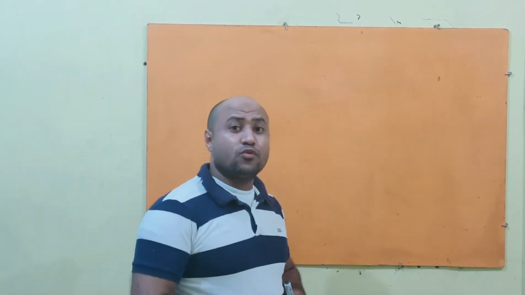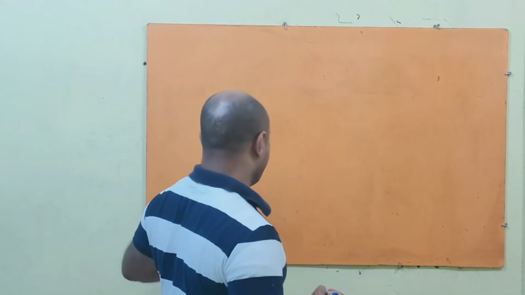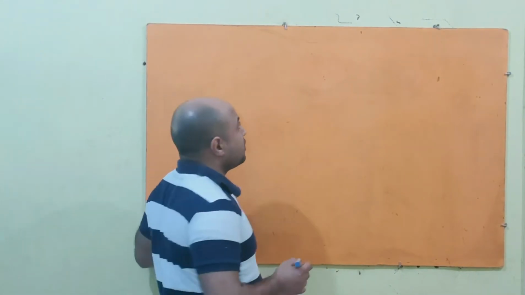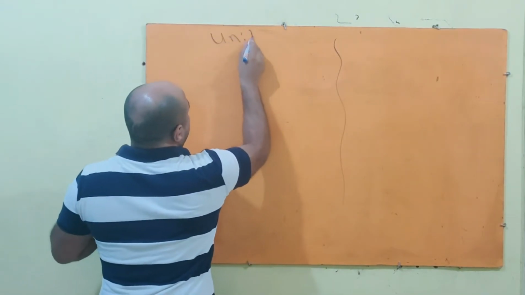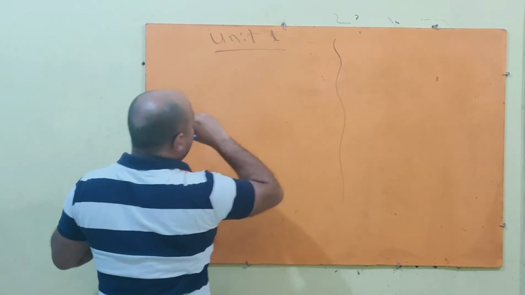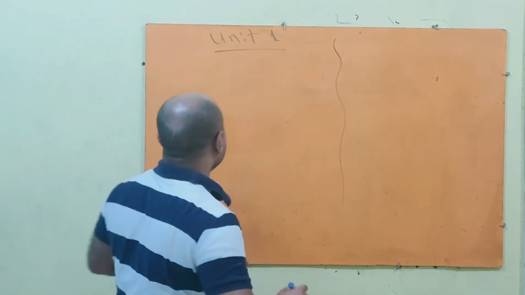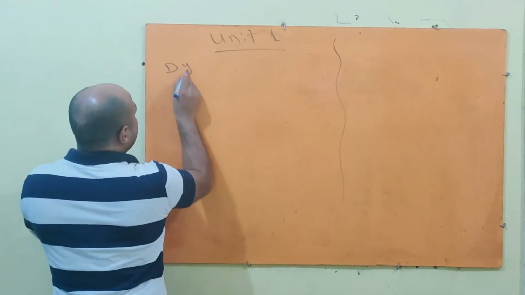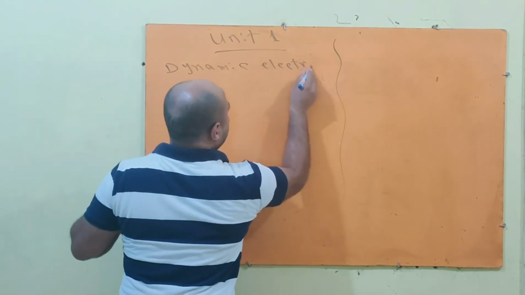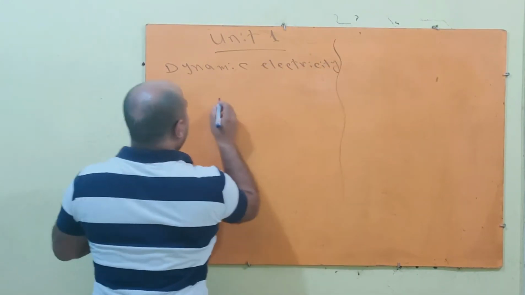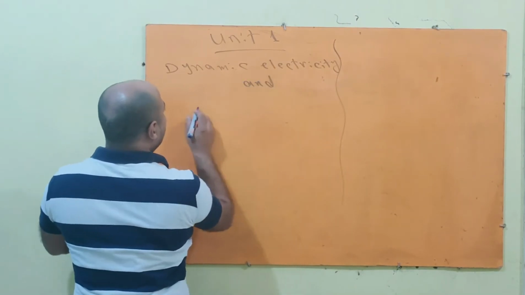We are going to talk about physics for third secondary stage. First, we have two main units in general secondary. Unit 1 concerns dynamic electricity and electromagnetism.